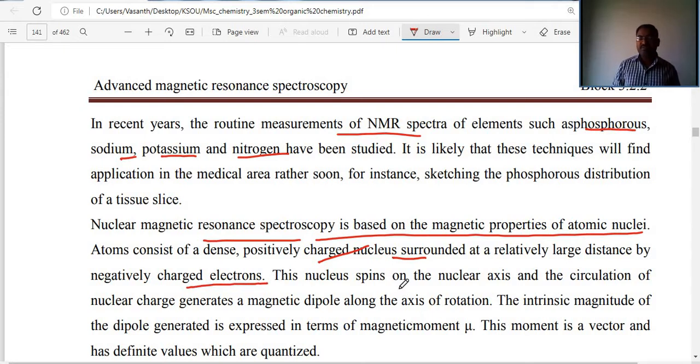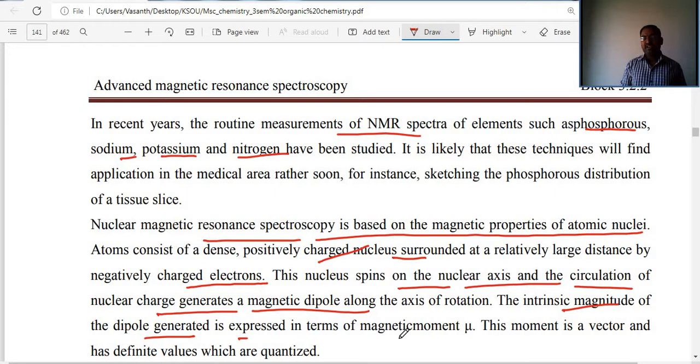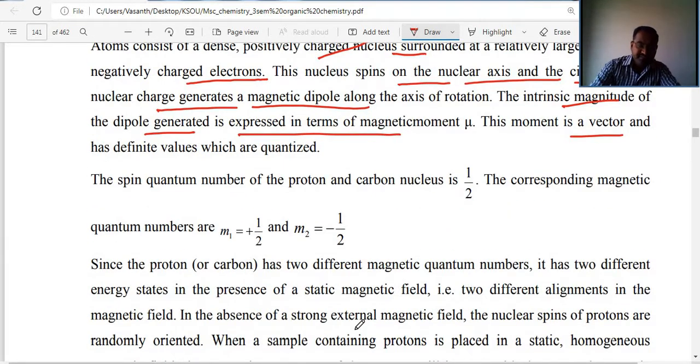This nucleus spins on the nuclear axis, and the circulation of nuclear charge generates a magnetic dipole along the axis of rotation. The intrinsic magnitude of the dipole generated is expressed in terms of magnetic moment. This moment is a vector and has definite values which are quantized.